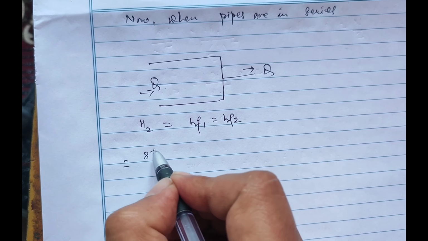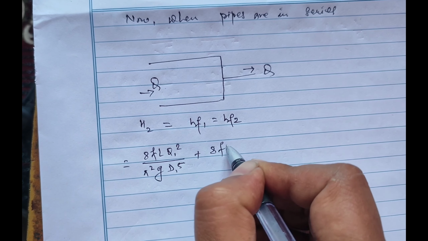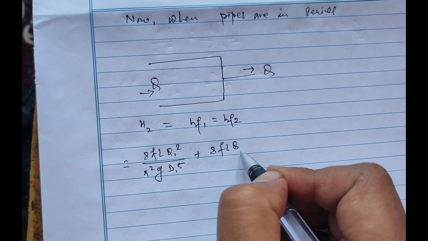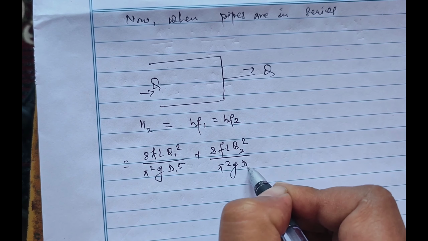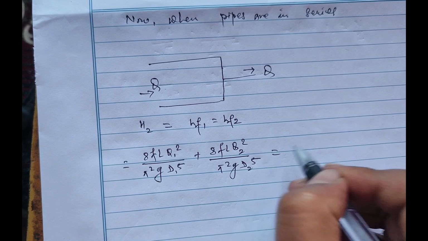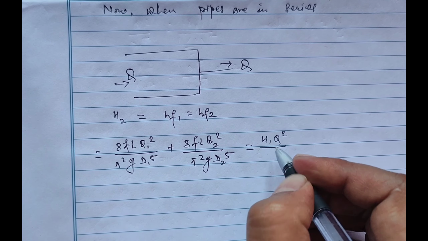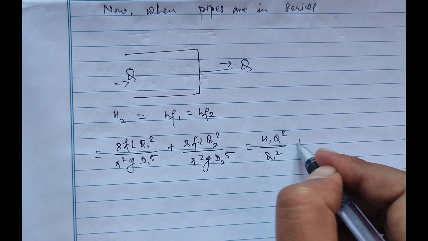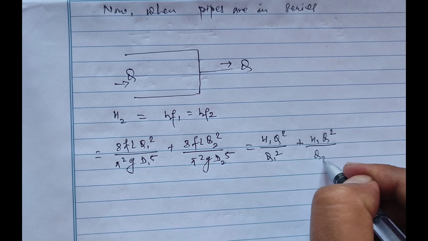8fLQ square divided by pi square g D1 power 5 plus 8fLQ square divided by pi square g D2 power 5 equals H1 Q1 square divided by Q square plus H1 Q2 square divided by Q square.